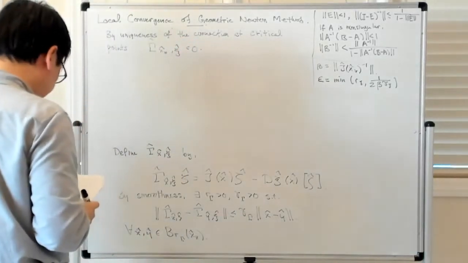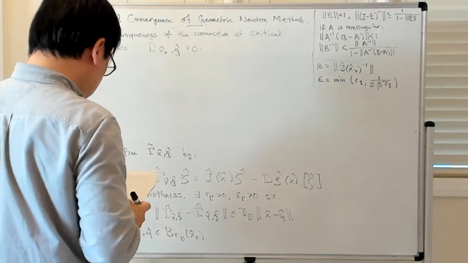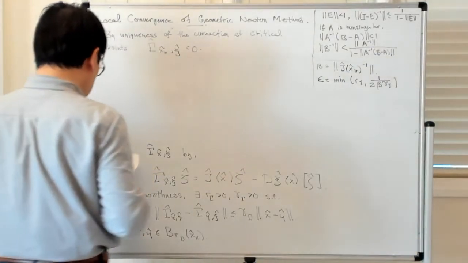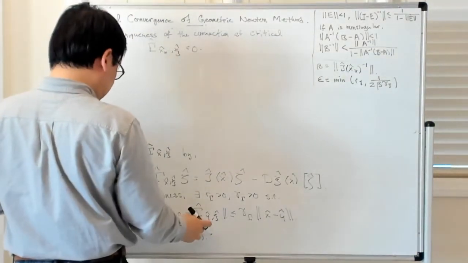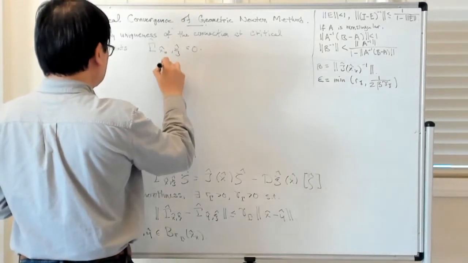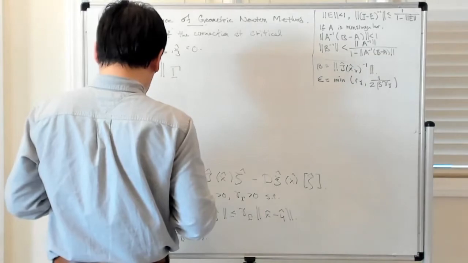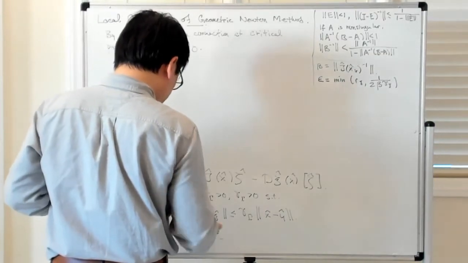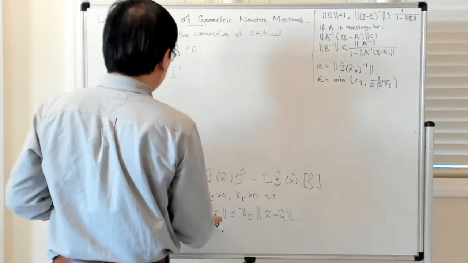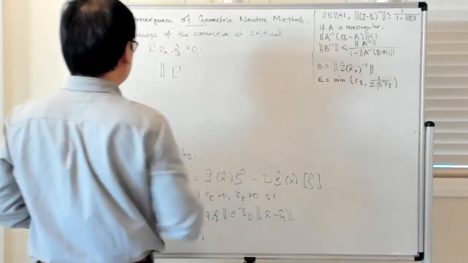So this estimate has to be that, all right. What I'm going to do is let one of the points be x star hat.